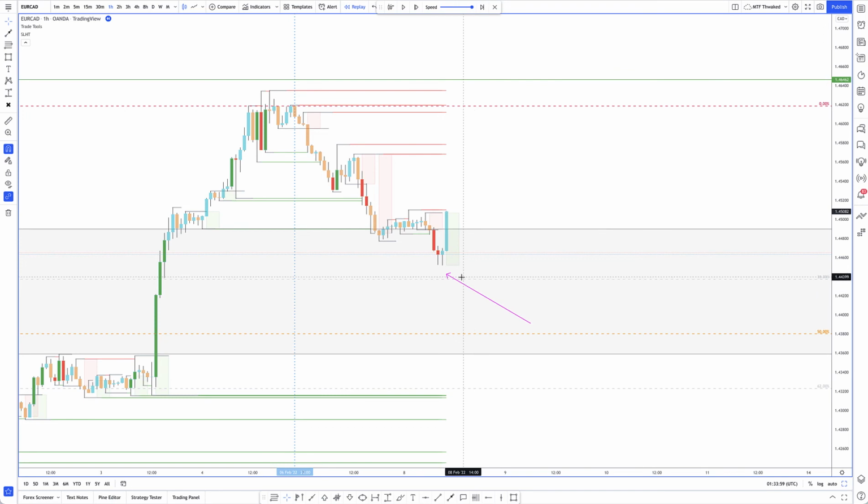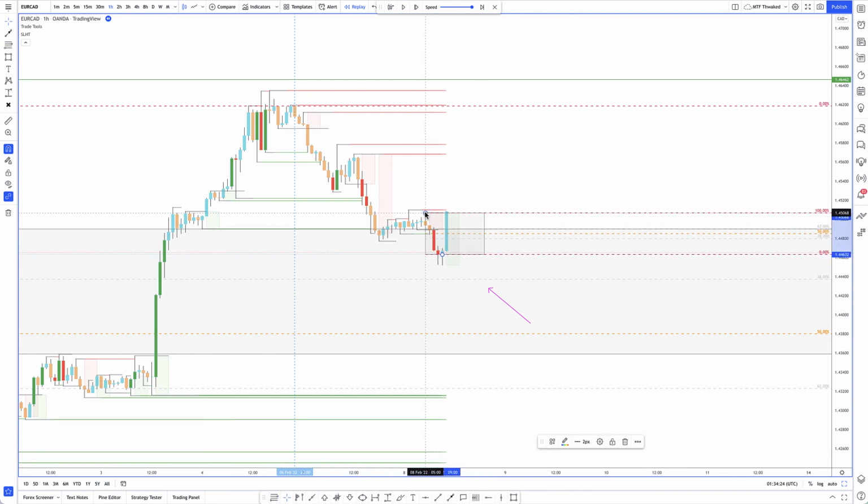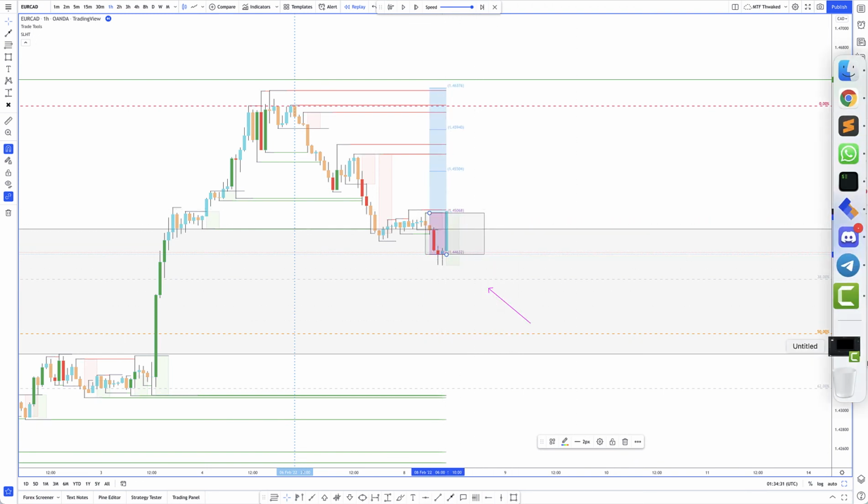So you can see that there was a bullish breaker created here that we would like to trade, though we don't want to trade the entire signal itself because we know that the signal is in premium of the range. So anyways, we set up our risk reward, and we see how the price plays out.